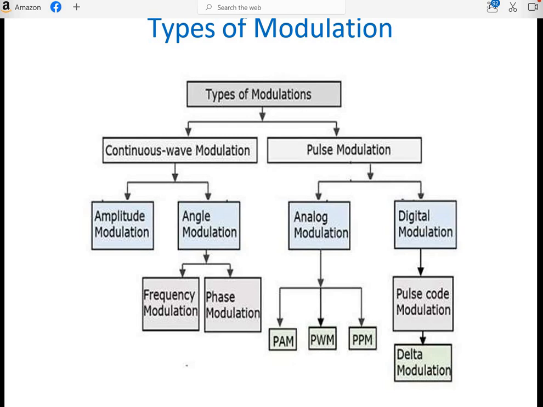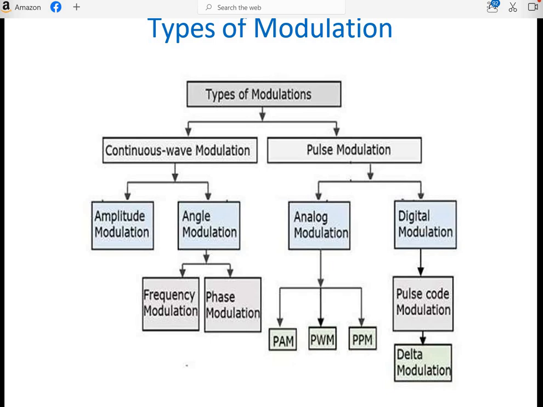Basically, there are two types of signal as we know. First one is the continuous signal and second one is the discrete signal. A signal which varies according to instantaneous time is considered a continuous signal. For pulse modulation, we are considering a discrete signal, and that discrete signal comes under digital modulation.